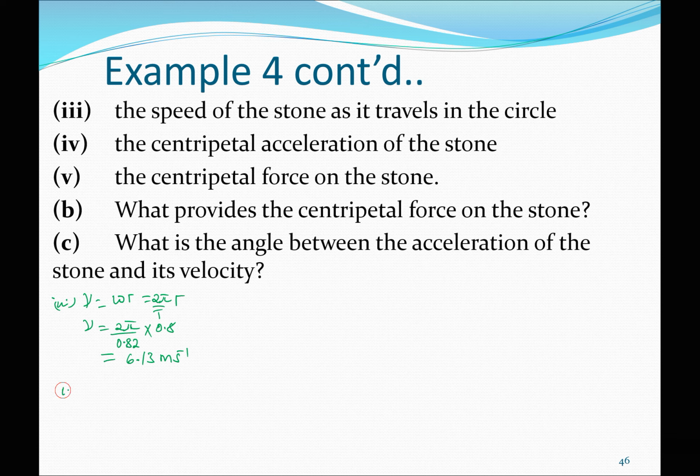Okay, then Roman 4, they are asking for the centripetal acceleration, which is v squared divided by r. So which will be 6.13 squared divided by the radius, which was 0.8.